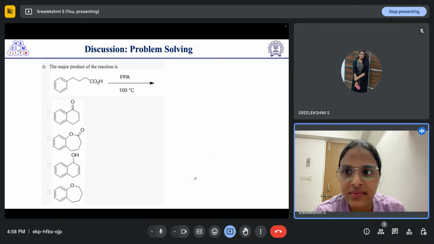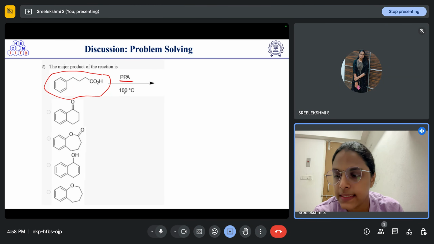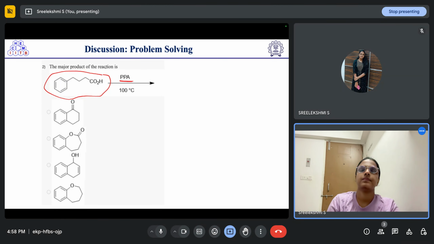Moving on to the second question, the major product of the reaction. Here we are treating this carboxylic acid with PPA at 100 degrees Celsius. Which will be the major product? PPA is basically polyphosphoric acid. So which will be the major product in this case?